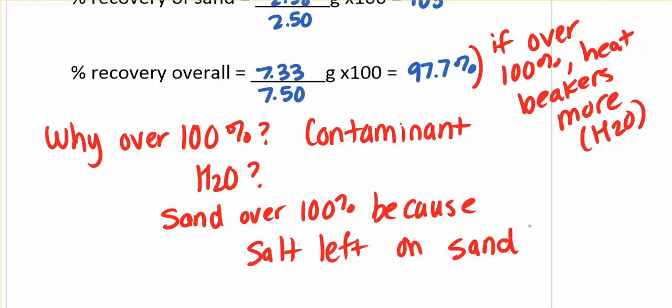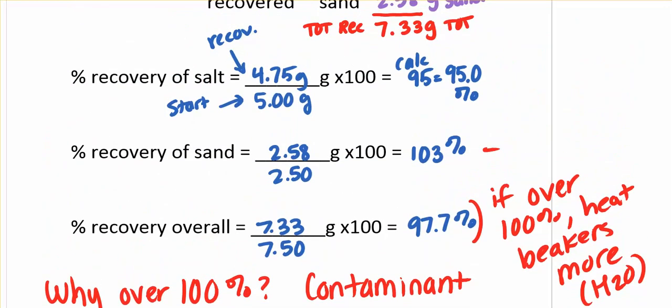That will do two things to your numbers. That will make your percent recovery of sand over 100 typically, and often your percent recovery of salt is lower than this. This one's pretty high. It can be quite a bit lower, and so you may have as much as 5 or 10% of your salt actually end up with your sand.